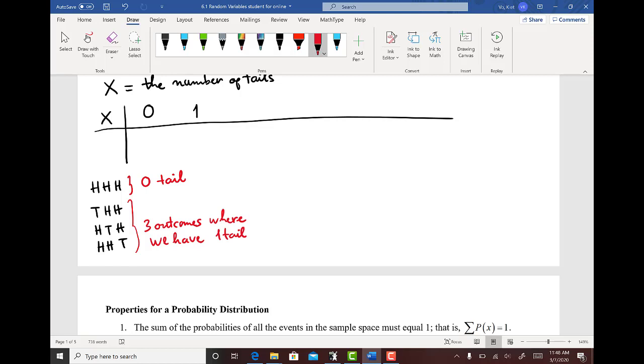Based on this, we could also have 2 tails, right? So another possible value for x would be 2. What are the outcomes that would give 2 tails? Let's say 2 tails would mean tail, tail, and then head. That's one possibility.